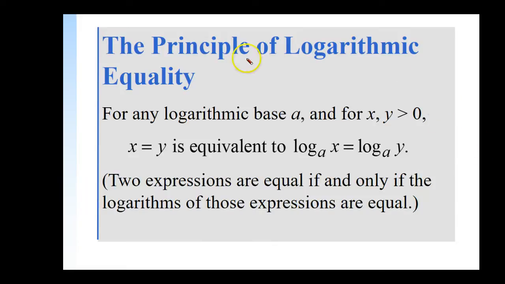Now, when we are working with logarithmic equations, that is, equations that involve logs, the log value must always be greater than 0. You can't have a value for a negative log. It's not defined. So our value has to be greater than 0.